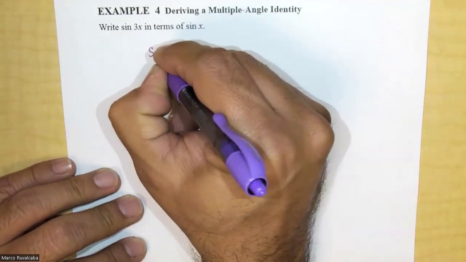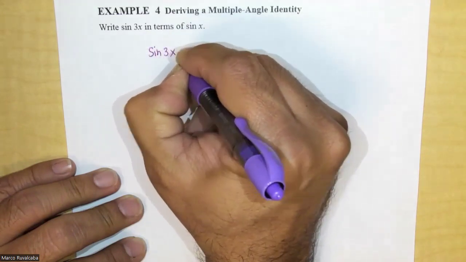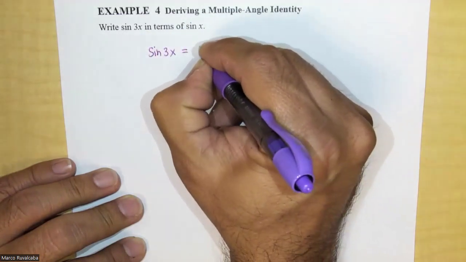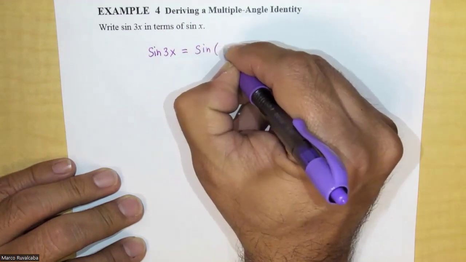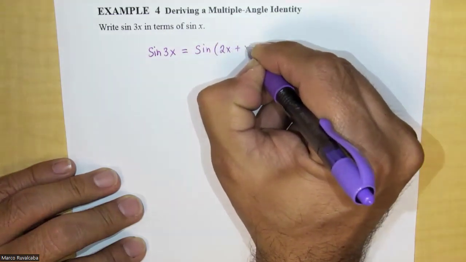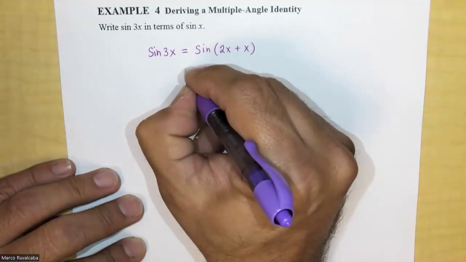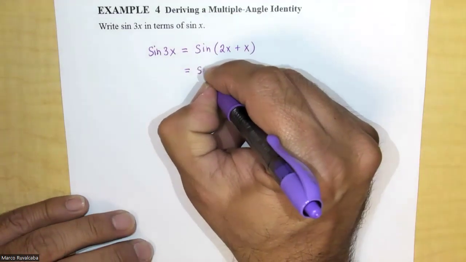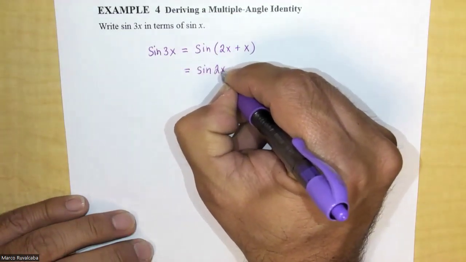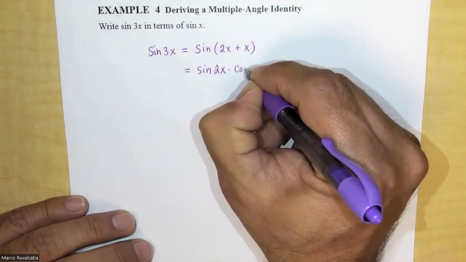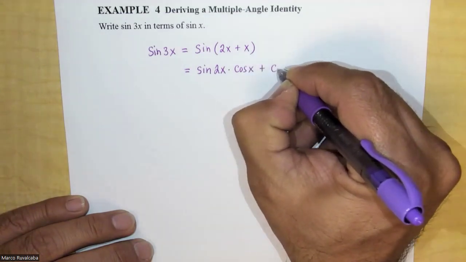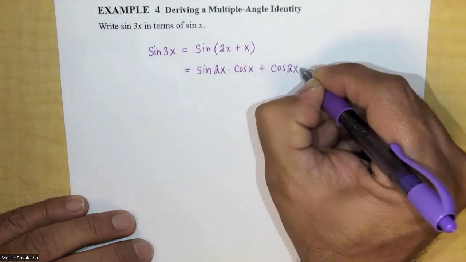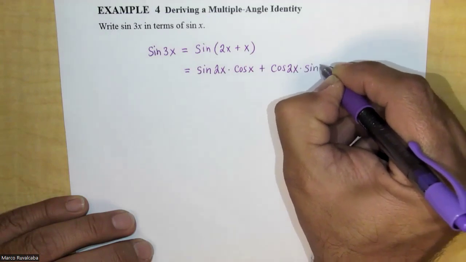So the sine of 3x, we're going to write it as the sine of 2x plus x. And so using those summative identities that we did in a previous lesson, this becomes sine of 2x times cosine x plus cosine 2x times sine x.